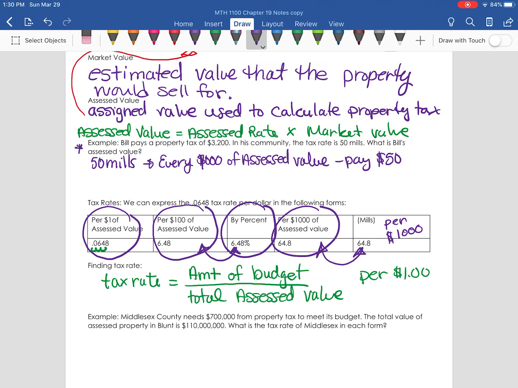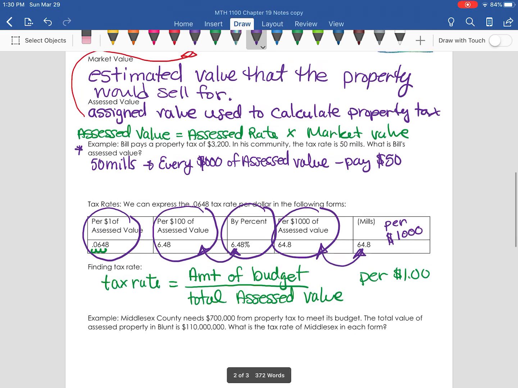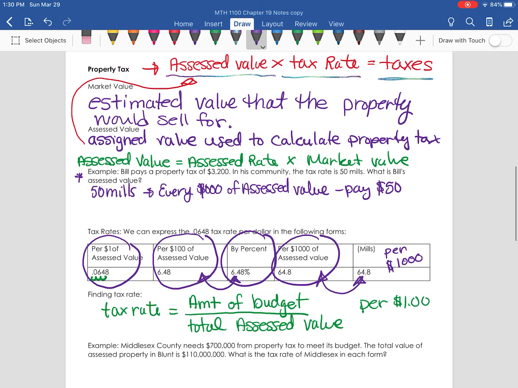So we need to work backwards. We know that if we look up here, assessed value times the tax rate is equal to the taxes. I'm looking at this first equation up here in red. It says the assessed value times the tax rate will give me the taxes.